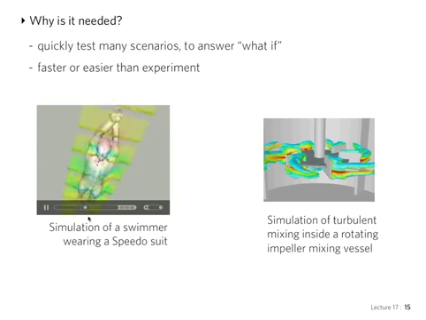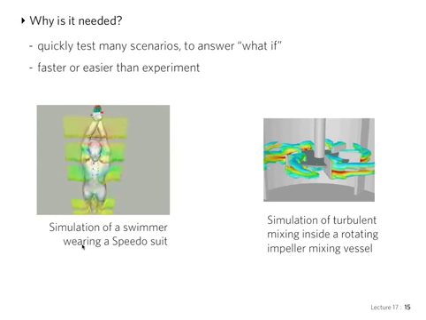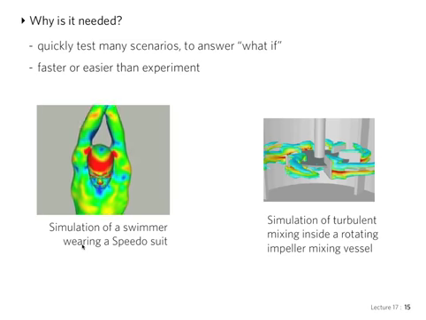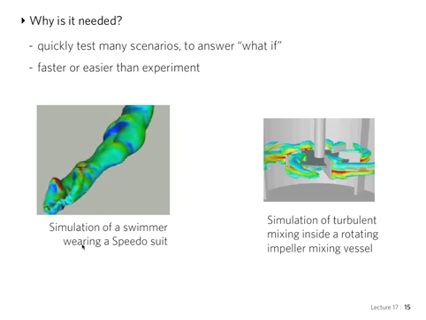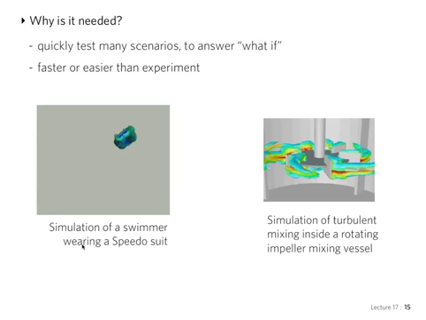This movie is for a simulation of a swimmer who is wearing the Speedo suit. It happens that CFD was used very successfully in this case to study the flow around the swimmer and determine which were the areas where drag was more important and be able to design the Speedo suit according to those results.